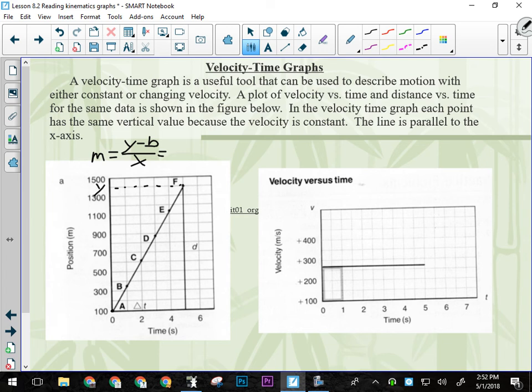So this is going to be 1400 minus 100 divided by 5 seconds. So 1300 over 5 should be 260, I think. 260 meters per second. Is that about where the line on the velocity time graph is? This is 250 right here, just a little bit above it. Looks to me like they're showing the same thing.